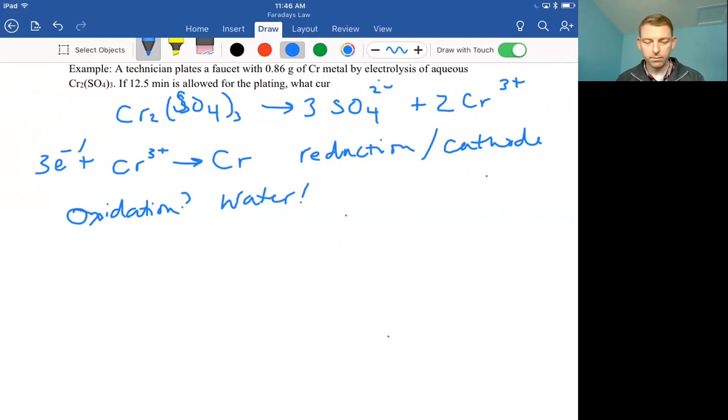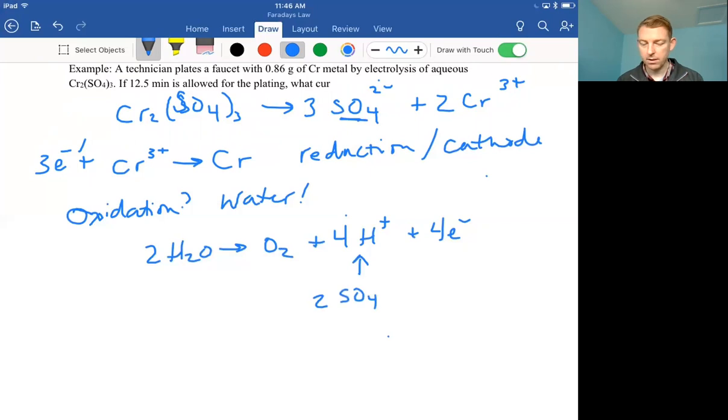So if we have water oxidized to oxygen, we're actually going to have 2 waters, and we're going to be left off with 4 protons and also 4 electrons. So there's our oxidation step. What happens to these guys, by the way? So since we already have the sulfate in solution, this is going to react with 2 of those, 2-, to turn into that sulfuric acid, okay?